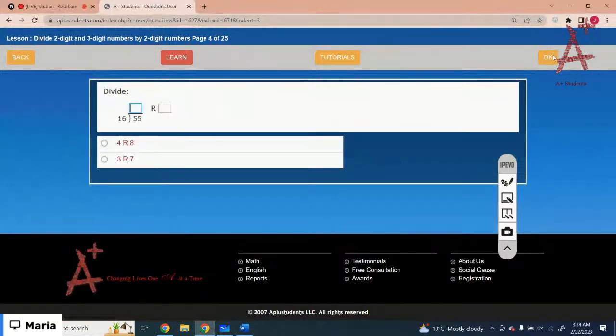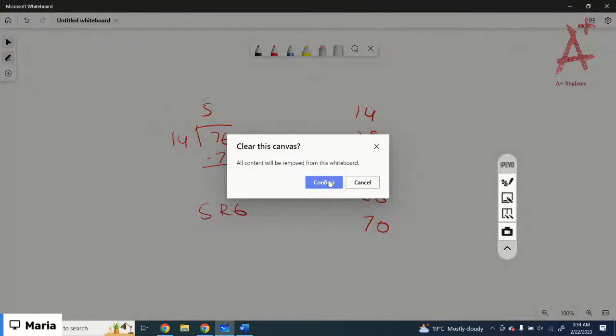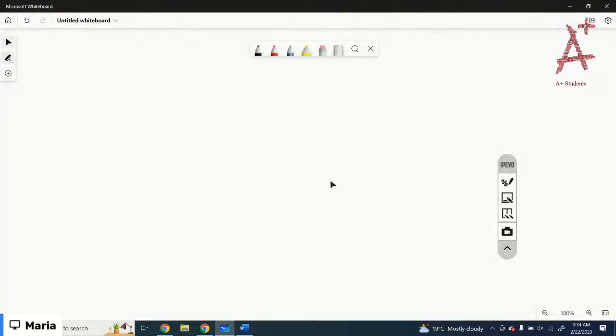Okay, the next one is 55 divided by 16. So you have to count the table of 16. 16 times 1 is 16, 16 times 2 is 32, 16 times 3 is 48, 16 times 4 is 64. So 64 is greater than 55.